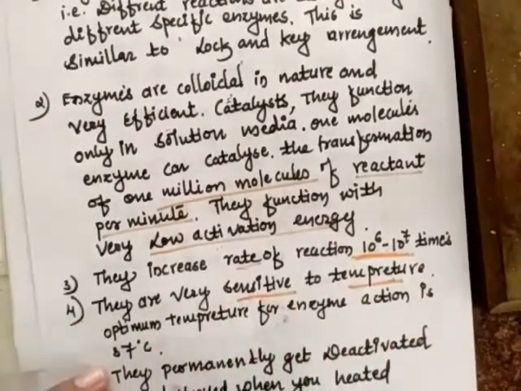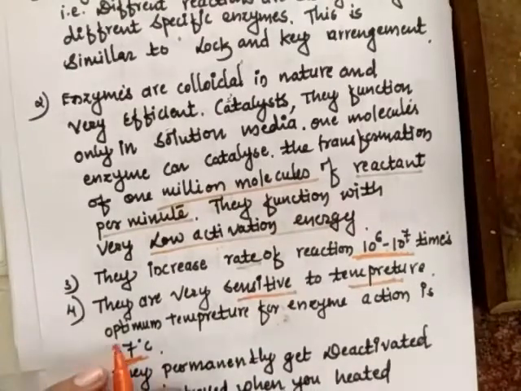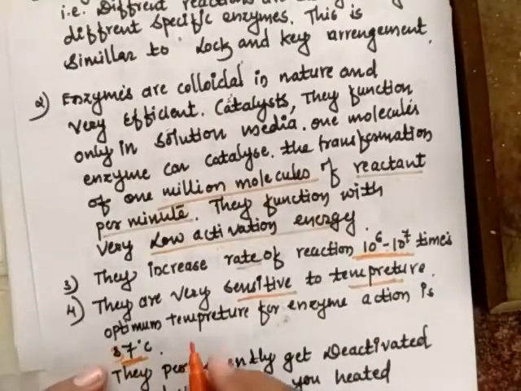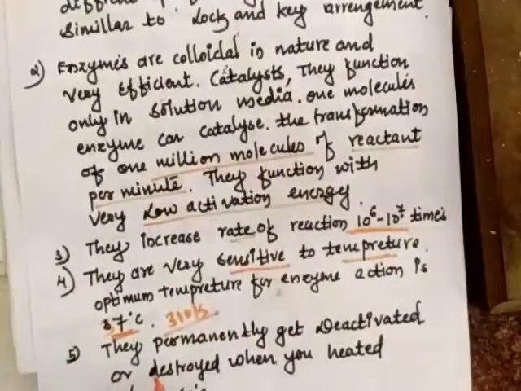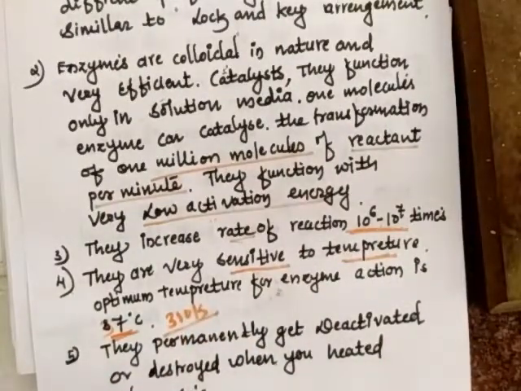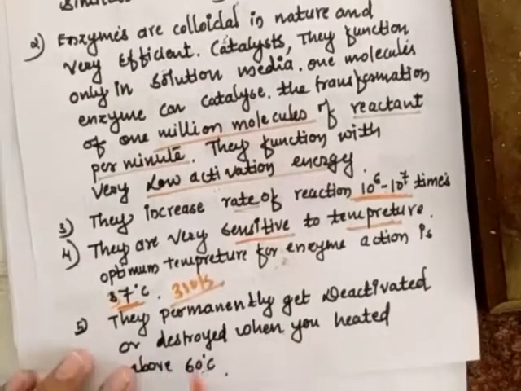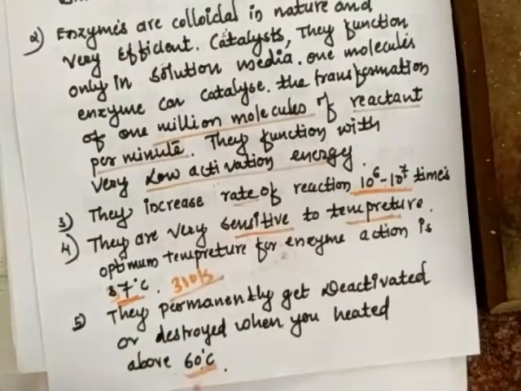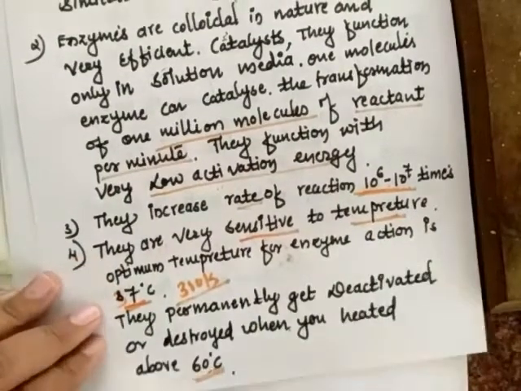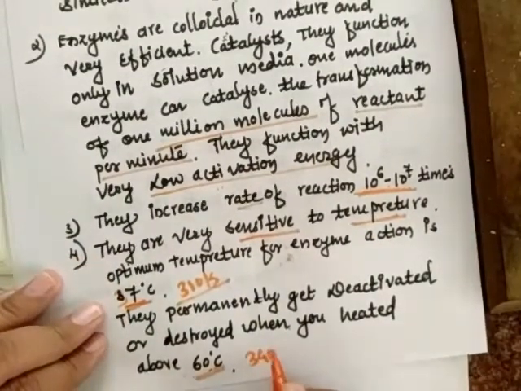The optimum temperature is about 37 degrees Celsius, or 310 Kelvin, which is body temperature. They are permanently deactivated or destroyed when heated above about 60 degrees Celsius, or 340 Kelvin.